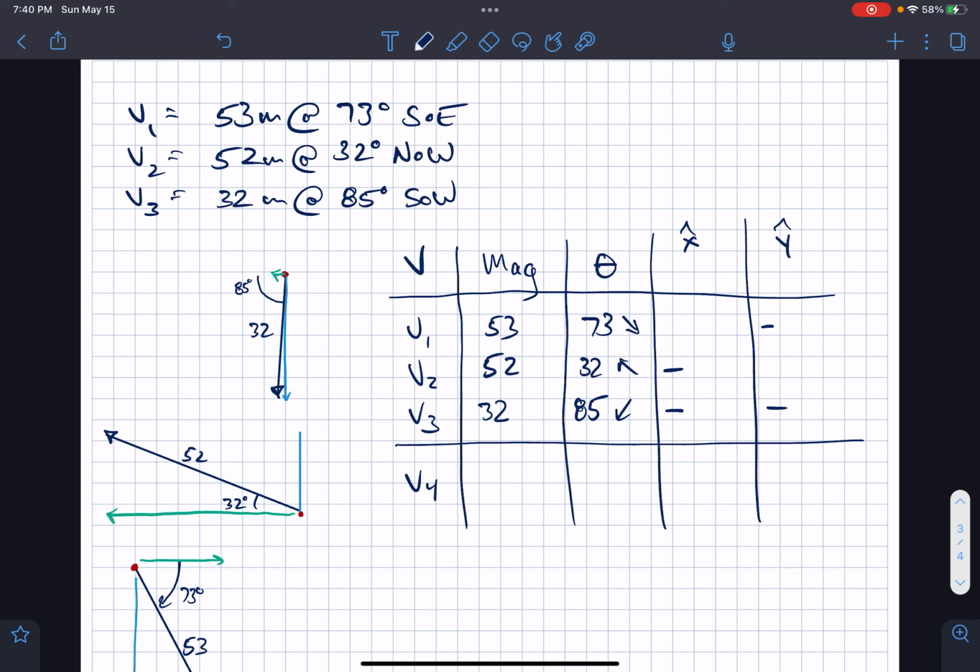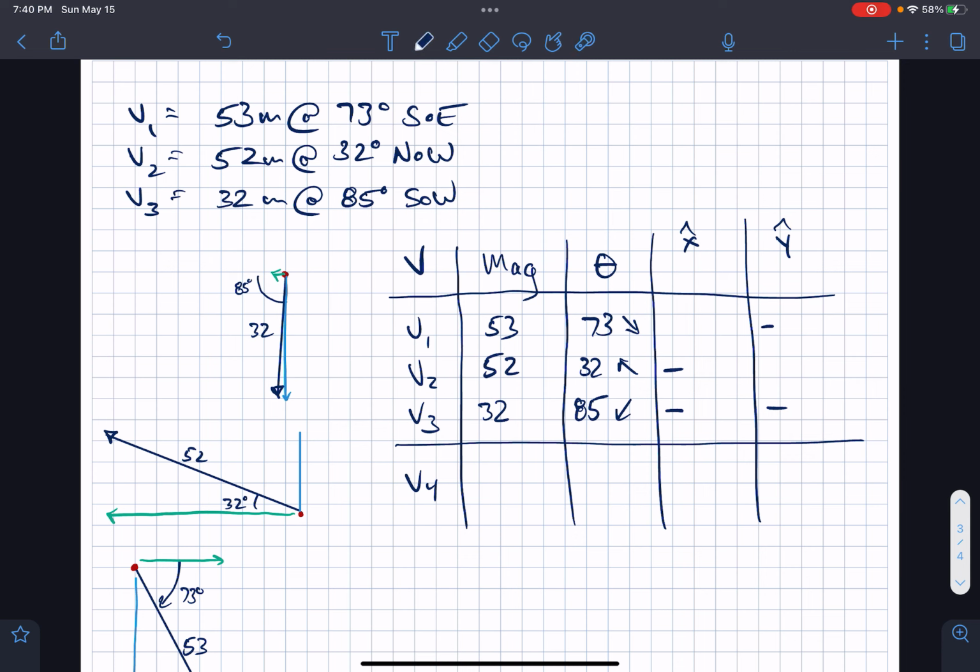So how do we actually get the x and y components? Well, the magnitude is effectively the hypotenuse, and theta is the angle. If we're talking about angles measured from the horizontal, then the x component would be the adjacent side, and the y component would be the opposite side.